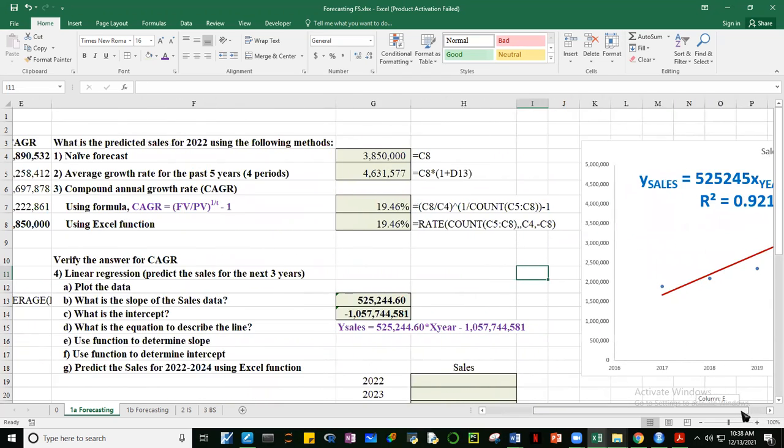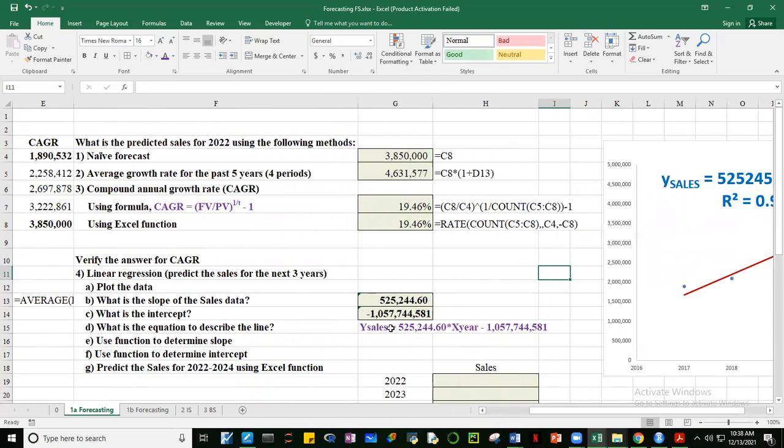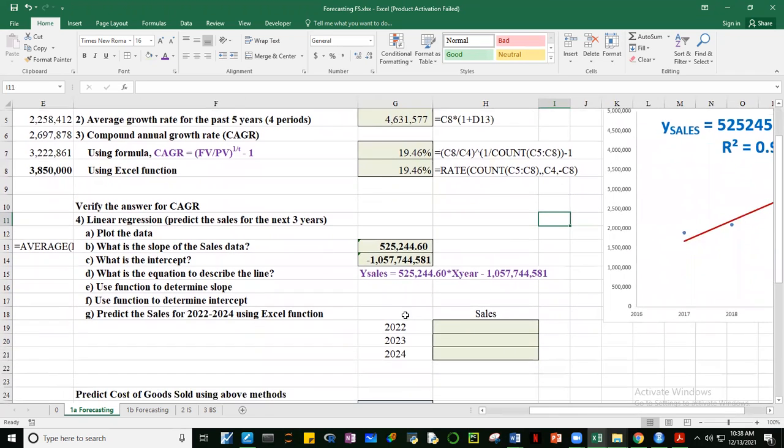Okay, any questions so far, guys? Clear ba to? Nakuha tong ano? Okay, and then itong E and F, guys, ito na lang yun. Use function. Ginamit na natin dito yung function ng slope at saka yung function ng intercept.